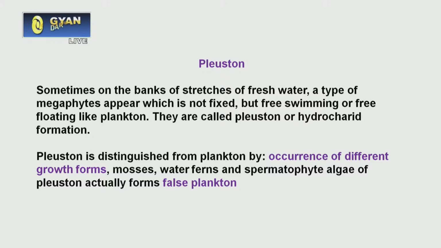But then what is the difference between plankton and pleuston? Pleuston is distinguished from plankton by occurrence of different growth forms. They can be mosses, they can be ferns, they can be even certain spermatophytes.